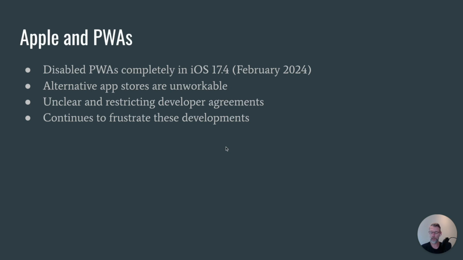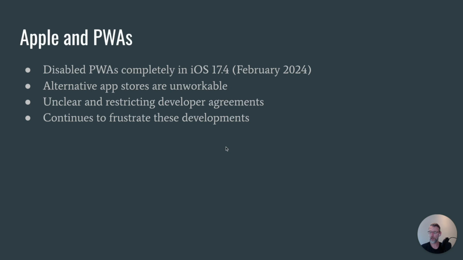Well, currently it is only possible to install a PWA on iOS with Safari or any WebKit browser. So installing PWAs is only possible with WebKit browsers on iOS. So that means any non-WebKit browser would not be able to install a PWA.